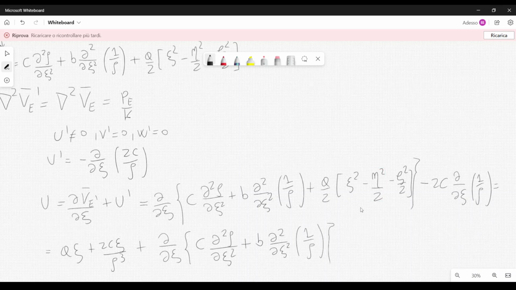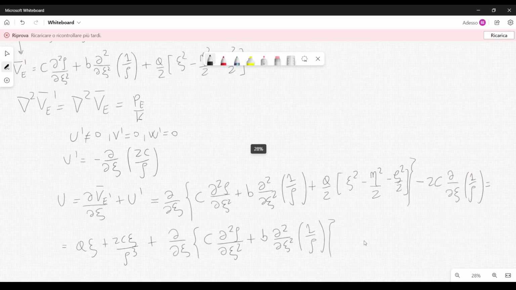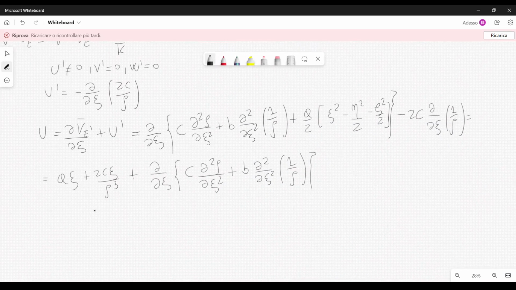Now we can choose also to rename the constants. In particular, I will choose the name A. So I will choose this label.